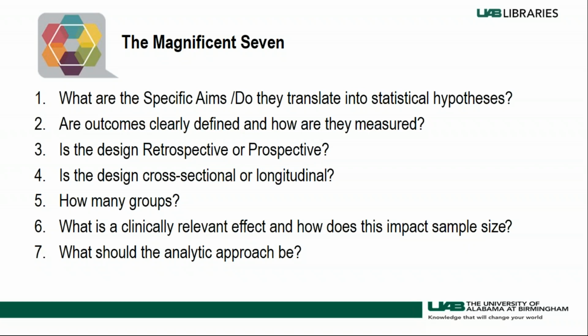Okay? Then I know what I'm willing to bet. I know what Dustin's already thinking, and we'll see if he can predict what I have put as a comment on the slide for question 7. But what should the analytic approach be? I'm not asking you to write an analysis section. I would like to come beside you as your collaborator after helping work through these specific aims, all of this stuff. Then we as a team sit down.